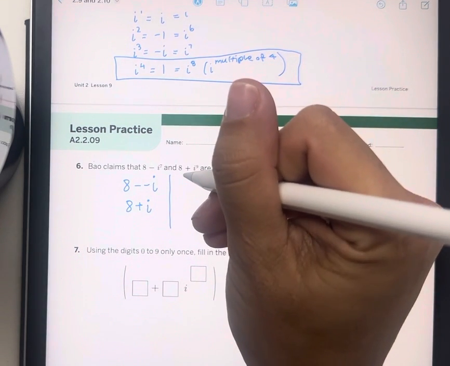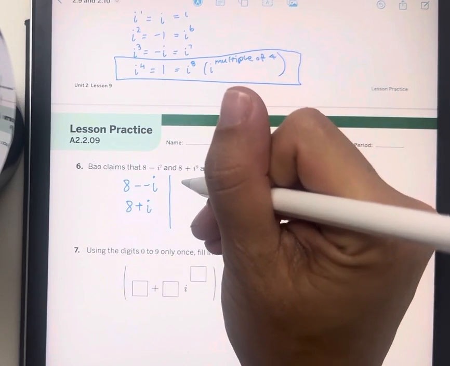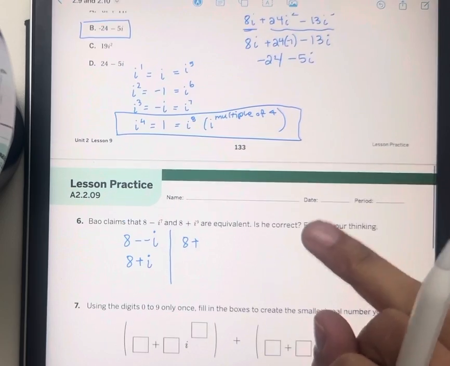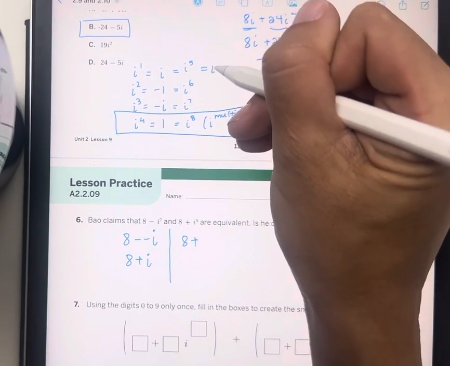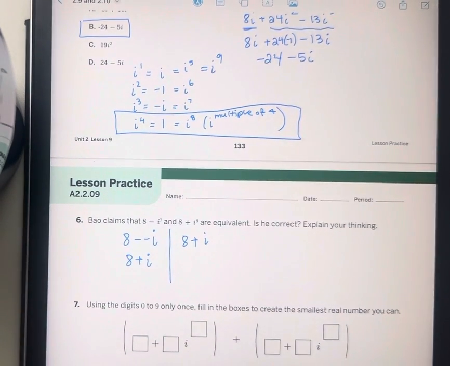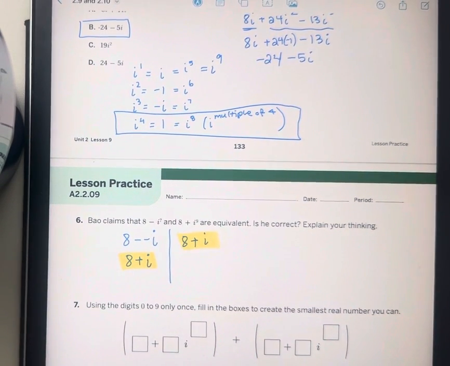And then here, 8 plus i to the 9th is 8 plus, okay, i to the 9th, if I follow the pattern, since i to the 8th is here, i to the 9th is here. That's just i. And look at that. Totally correct. They are the same.